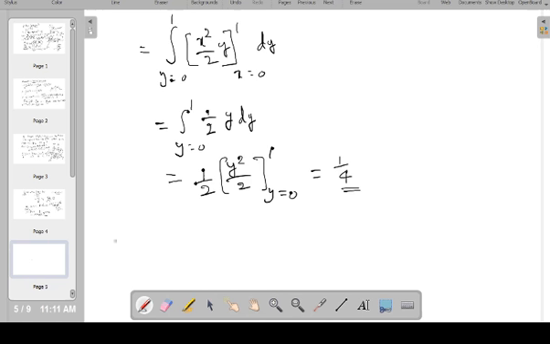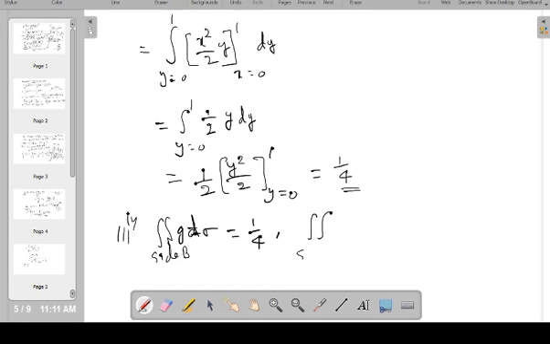Understand? Similarly, the integral over side B you can compute. This is because of symmetry. The integrand is symmetric with respect to x, y and z. If you replace x by y or z, and y by x or z, and z by x or y, the function is not going to change. So the integral over side B of g d sigma, again you will get 1 by 4, and the surface integral over side C of g d sigma is also equal to 1 by 4.